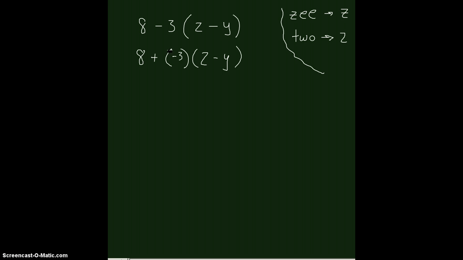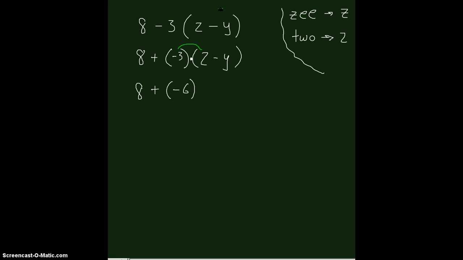So this is a 2, and I'm going to distribute the negative 3 now. So I'm going to bring down the 8. Remember, we do multiplication well before addition. So I'm going to do this multiplication first. So I have the 8 plus minus 3 times 2, a negative times a positive. Different signs, I get a negative, in this case 6.